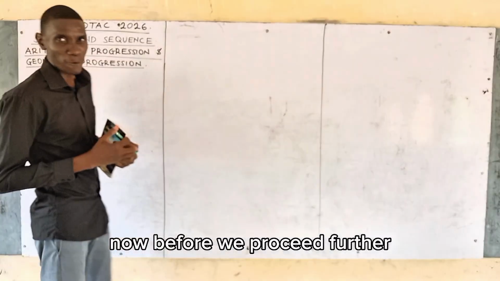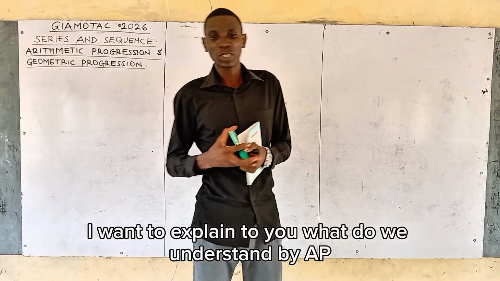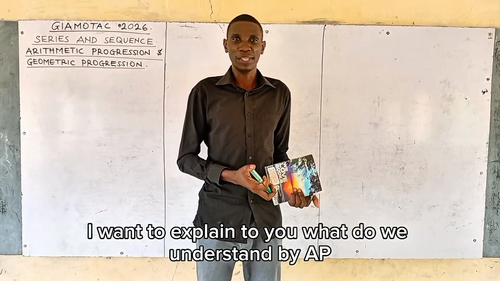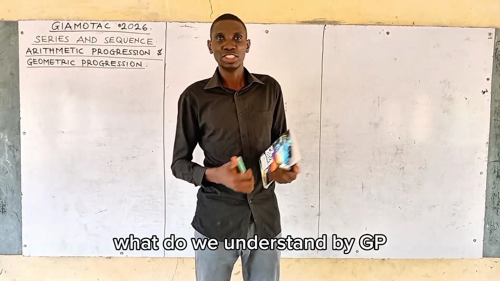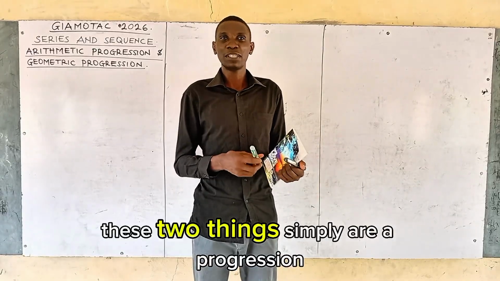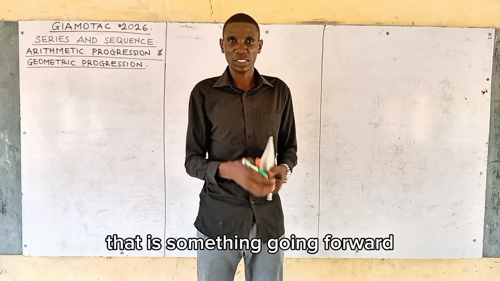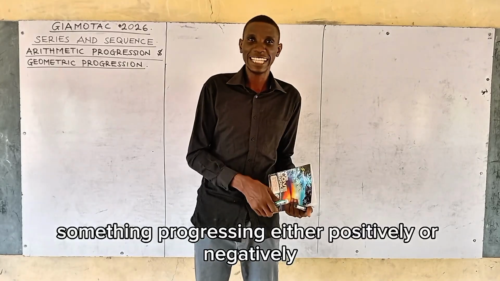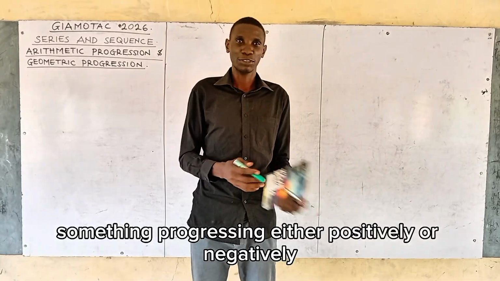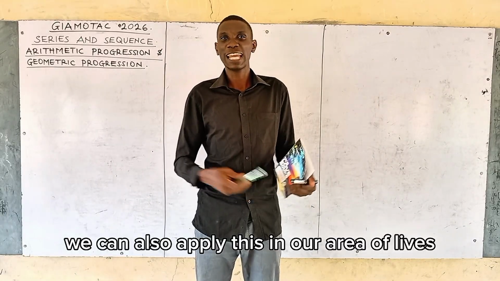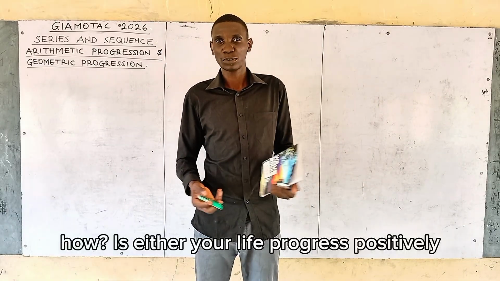Before we proceed further, I want to explain what you understand by AP and what you understand by GP. These two things simply are a progression. That is something going forward, something progressing either positively or negatively. We can also apply this in our lives.